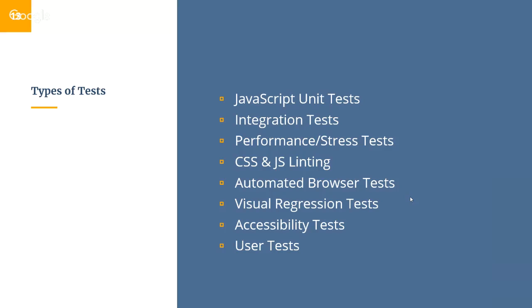After that, there are CSS and JavaScript linting tests, which are done most of the time by code editors. What they do is check for any typos in your code to prevent silly typing mistakes that cause pain and lose us time in figuring out what they are.